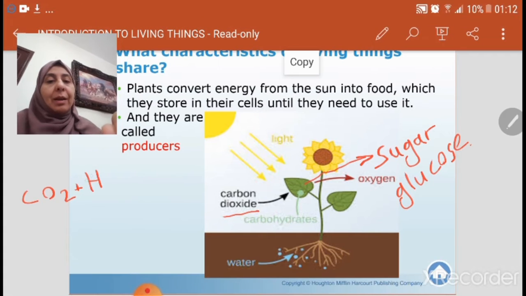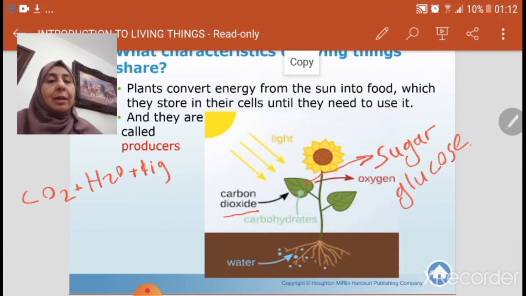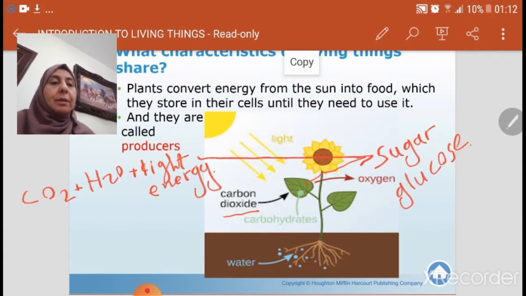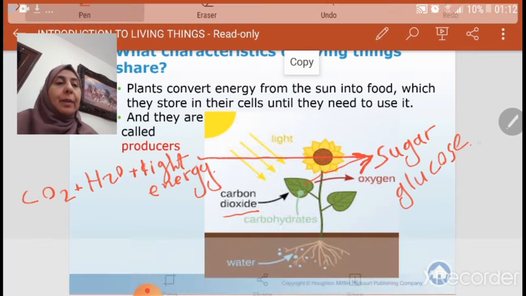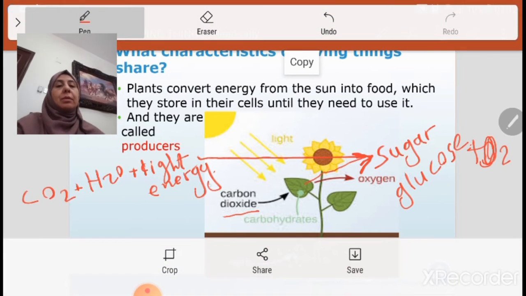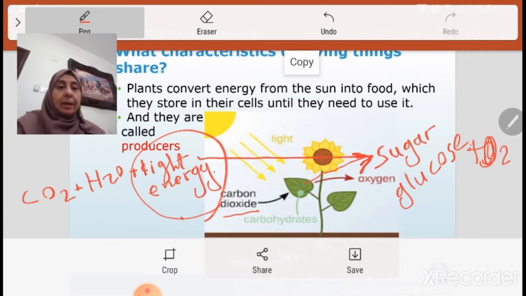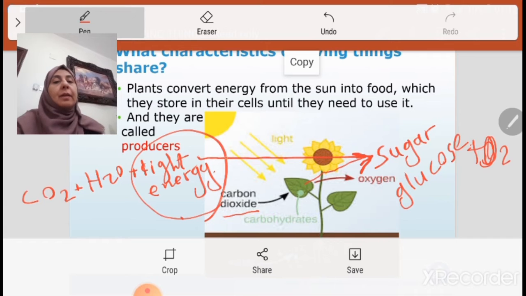Carbon dioxide with water plus sunlight energy, let's write light energy. Okay, what will they produce? Sugar, glucose, plus oxygen. So the plants depend on the sunlight energy, and they take it directly.